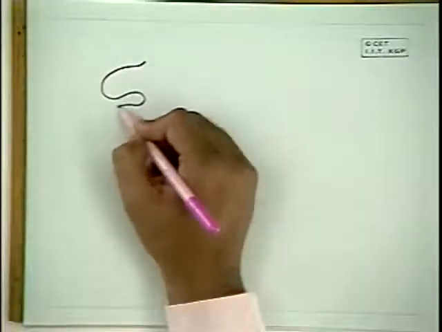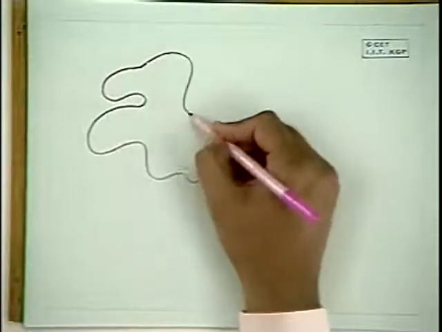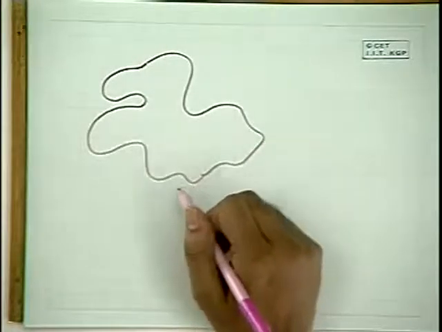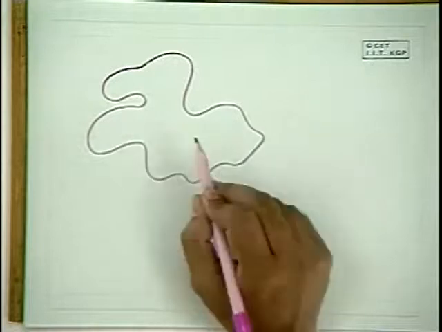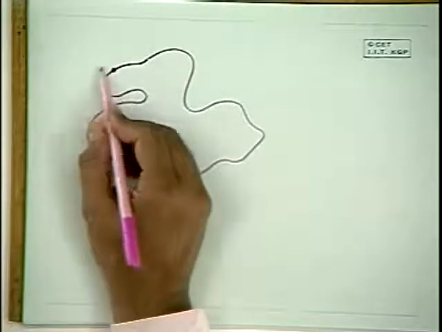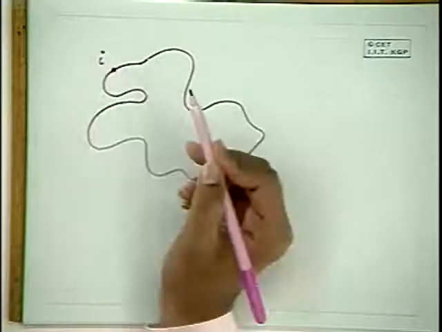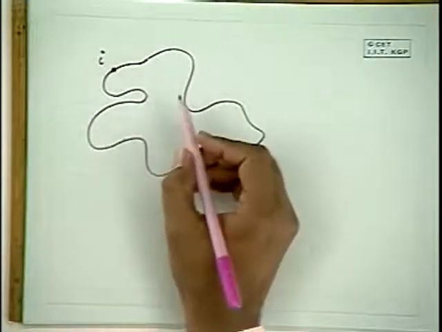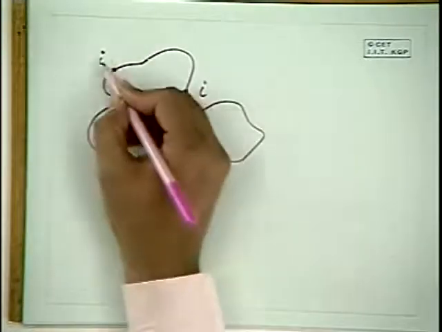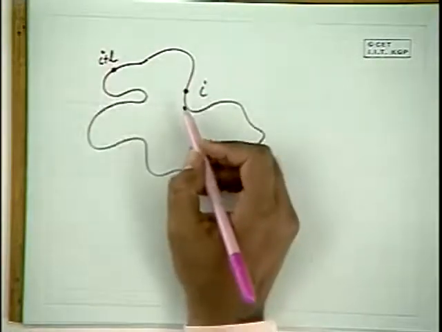Let me draw some arbitrary boundary polygon here. So this is a polygon, suppose. I am just drawing with curved edges, but basically they are straight line edges. You take a vertex, say I, here and I plus L here.